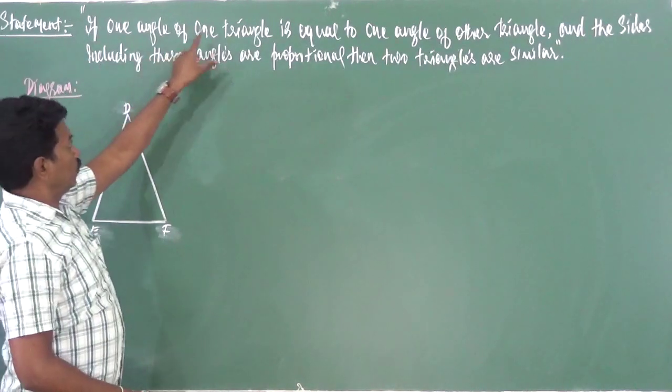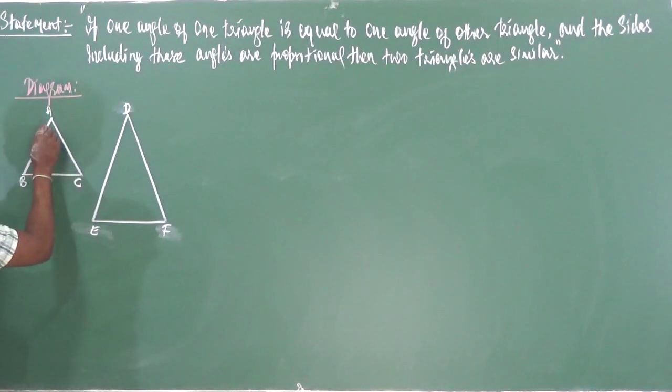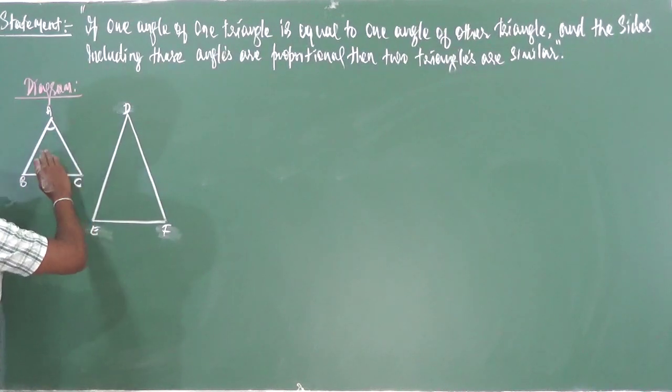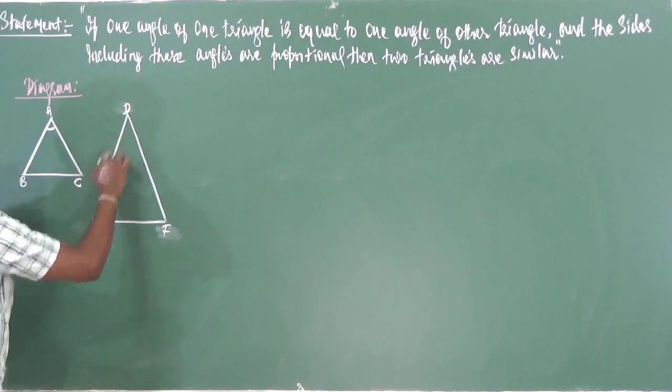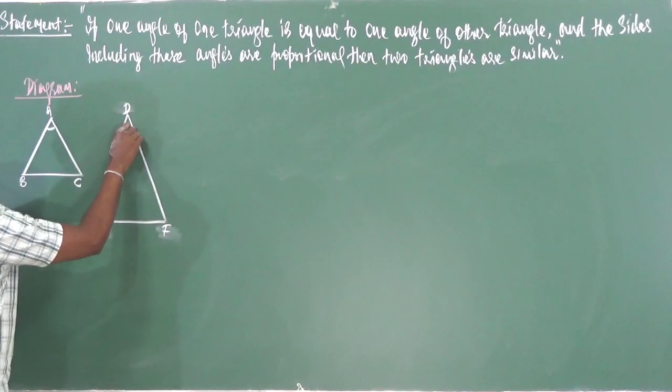If one angle of one triangle, out of three angles, you have to select any one angle here. So let us select angle A in triangle ABC, and angle D becomes the corresponding angle in triangle DEF. So this angle is equal to this.